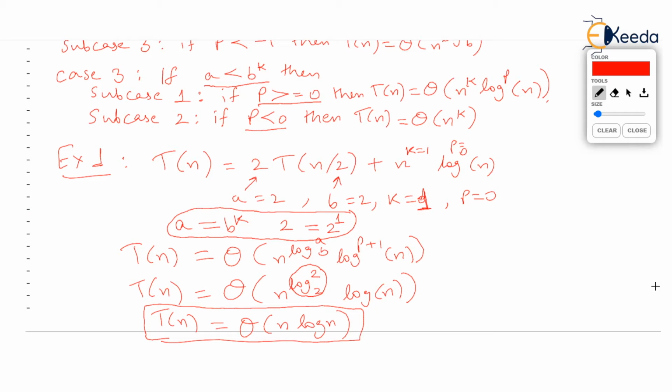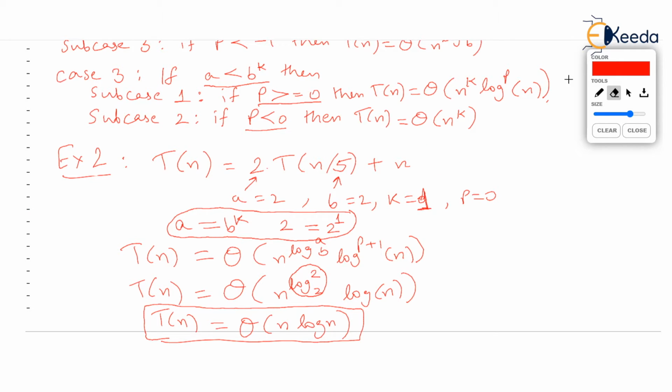As example 2, let's see example 2 now. Let's say in example 2, we are given values of a, b as follows. Suppose we have 2T(n/5) plus n square.